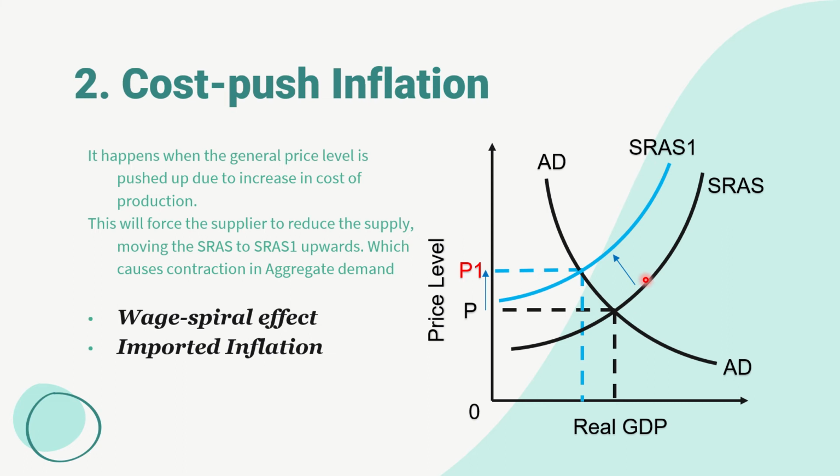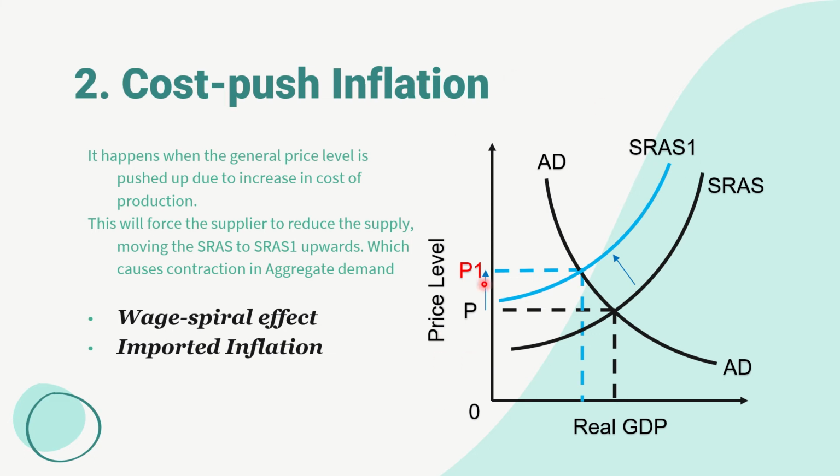If the supply falls, the aggregate demand will contract. The equilibrium now will shift upwards and will set a price at P1. So there is an increase from P to P1 just because of an increase in the cost of production.